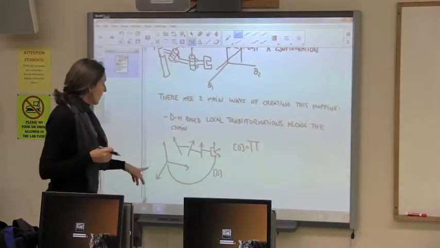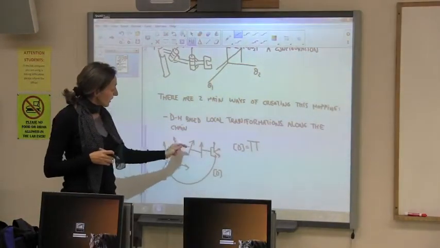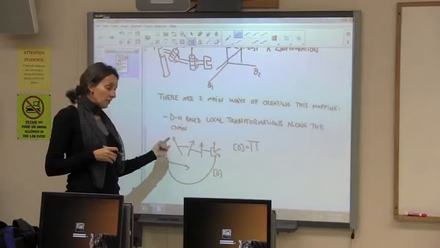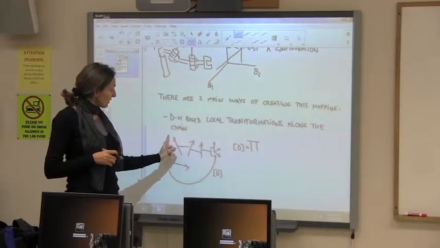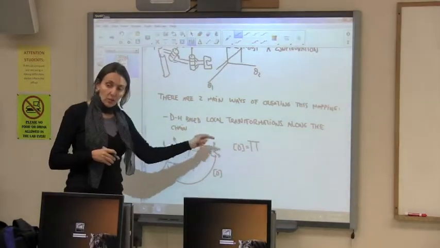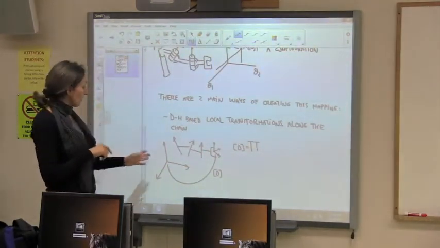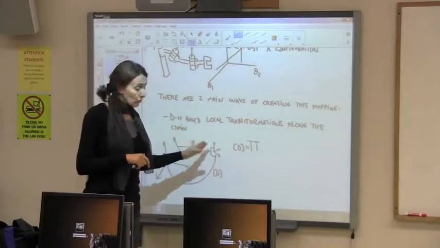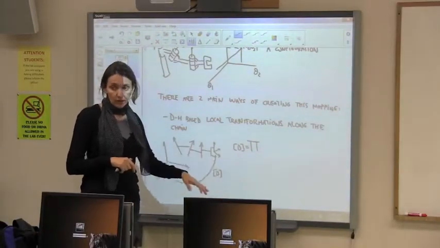They devised a way that you just have to do Z transformations and X transformations. The local Z is about the axis, and the local X is along the link, and with just these Z and X transformations you can move from joint to joint and from link to link up to the end effector.